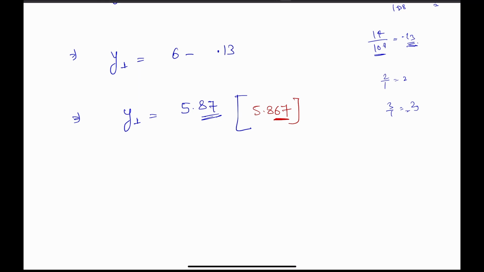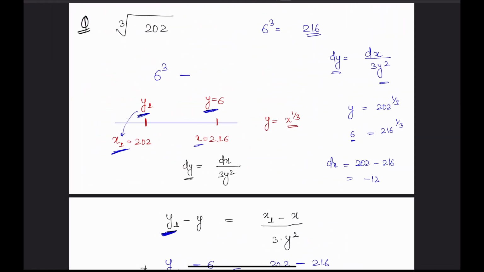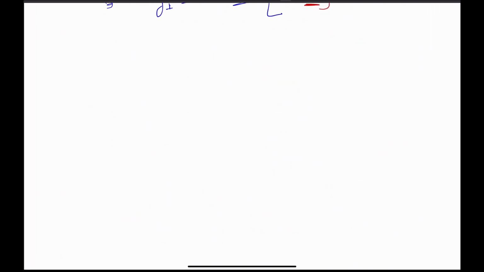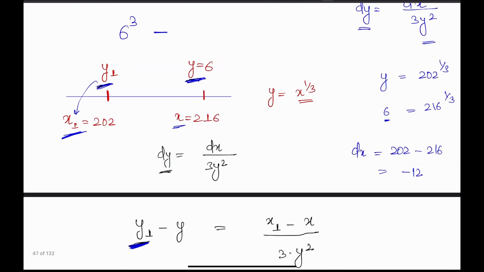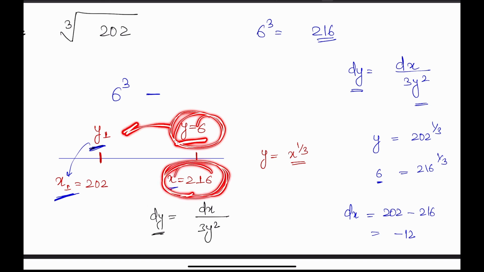But one more thing, because I can see there is a confusion whether it's plus or minus. Suppose in this condition we know 216, the known value is more, and we want to find the value of the less part.